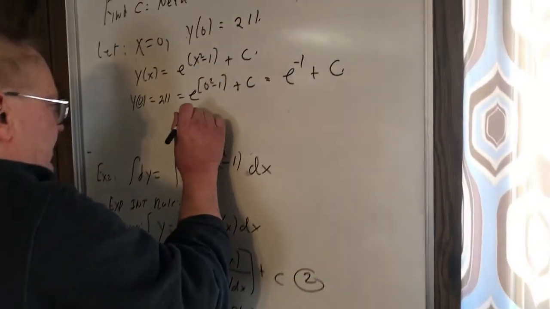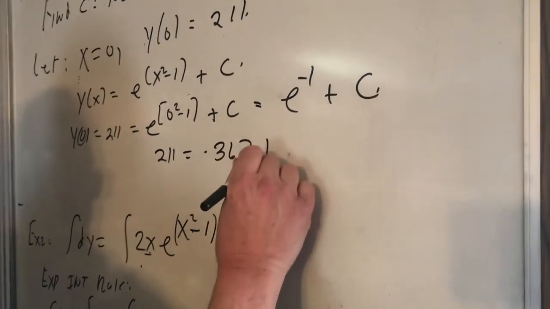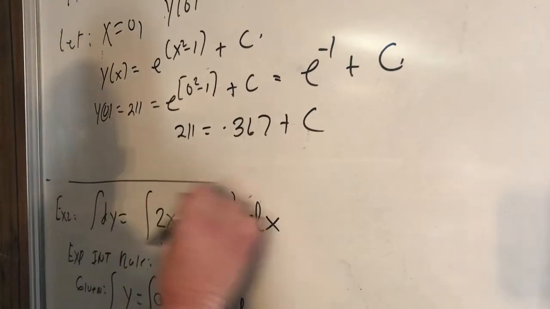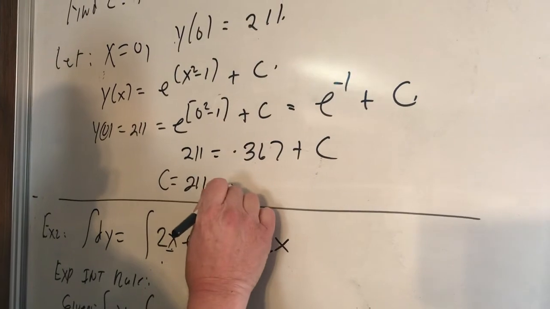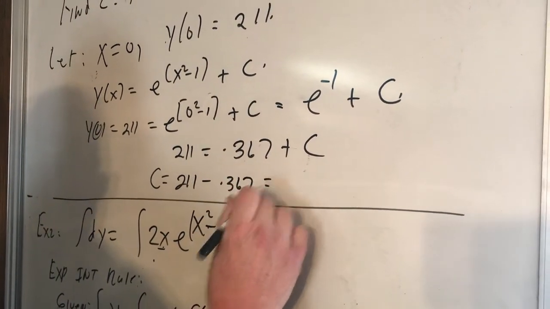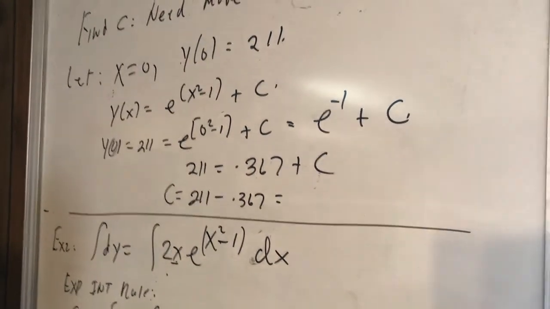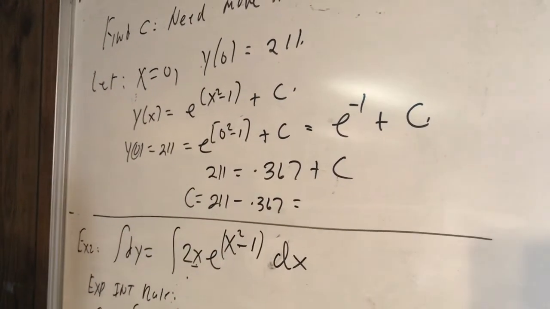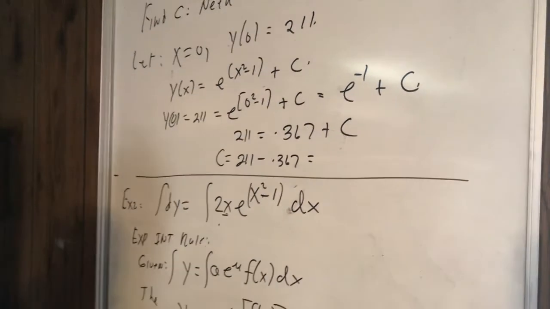So 211 equals 0.367 plus c. So c is going to be 211 minus 0.367. All right, so let's just take minus 211. And it's 210.6.